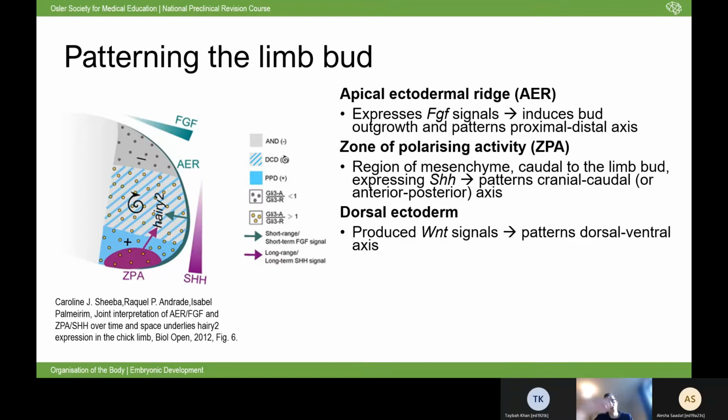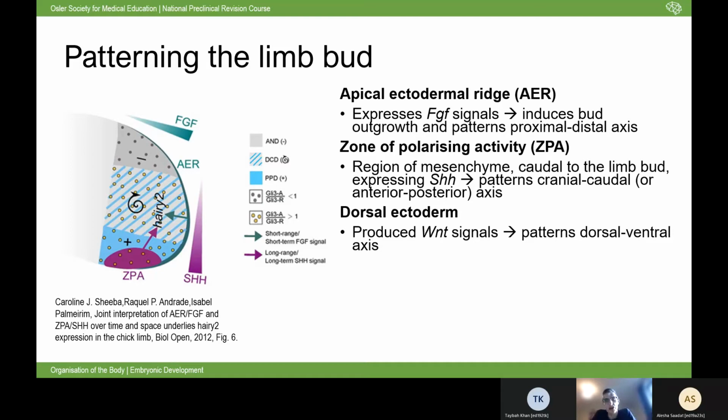They diffuse along the length of the limb bud in this case, and they induce different fates depending on how far away you are from the patterning centre, and therefore how much of the signal the cells are receiving. So the apical ectodermal ridge uses FGF signals as its signal, and that helps to pattern the proximal to distal axis. That's kind of your fingertips to your shoulder, if you think about the upper limb.